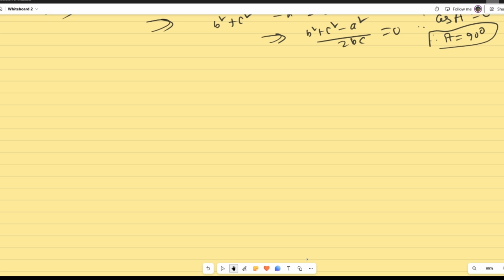Something related to the triangle will be there which you have to find, either inradius or circumradius. You are mature enough to use those formulas. I have given you just 5 or 6 formulas only. You can remember them during the exam.